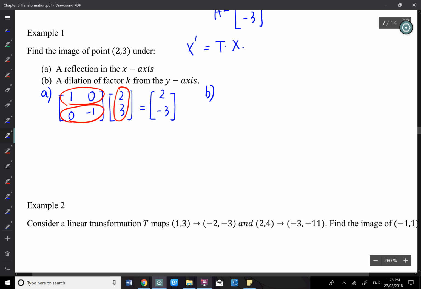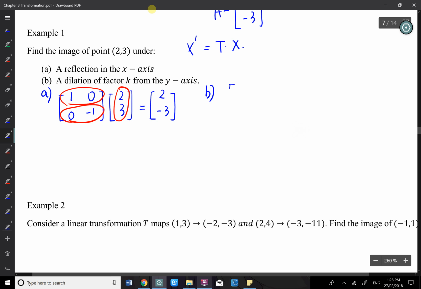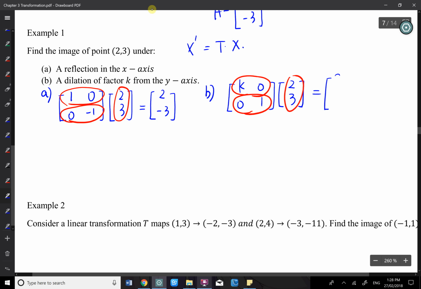Part b says a dilation with factor k from the y-axis. From the y-axis is changing the x. Row times column, you can see that's 2k and 3.